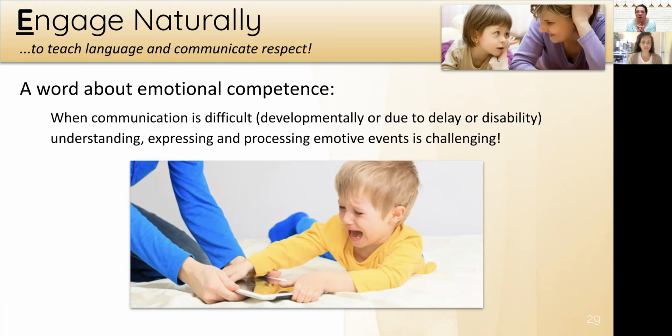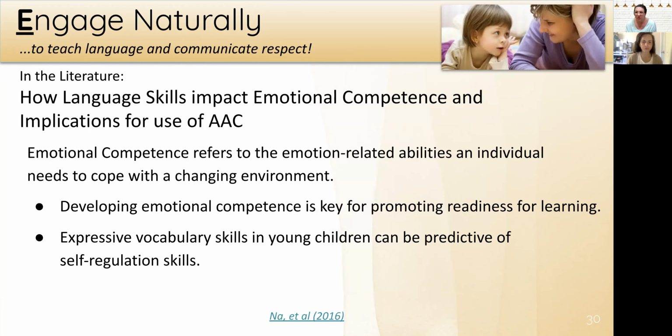And so we're going to talk about how that really does play an impact on our language, our cognition, and our ability to communicate during emotional events and how we can teach through that.